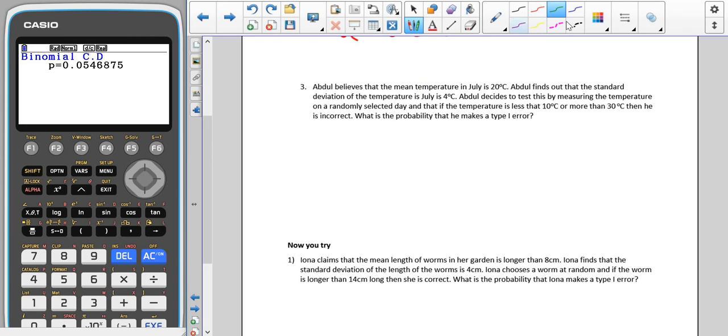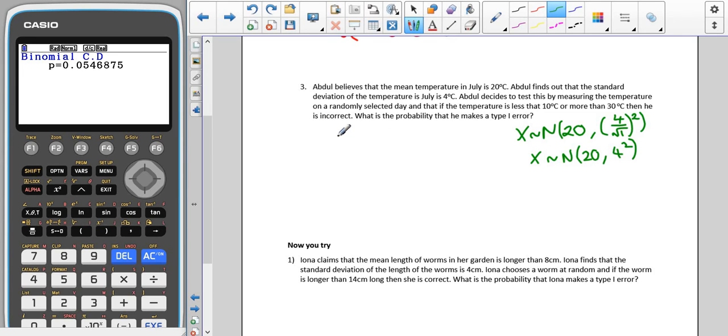However, in this case, applying the central limit theorem, our mean would still be 20 that we are testing. Our standard deviation would be 4 divided by the square root of 1, which of course can then just be simplified again to be 20 and 4 for our standard deviation. Remember, when you write down the normal distribution, it's actually the variance that you write in it, so just be careful there.